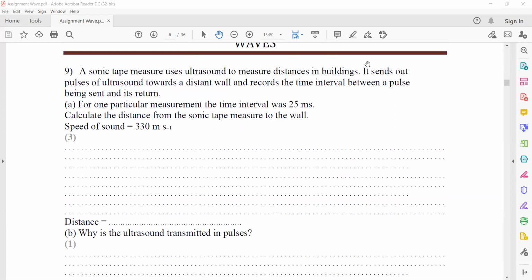In the question, a sonic tape measure uses ultrasound to measure a distance in a building. It will send out a pulse, the ultrasound travels towards the distant wall, and then it bounces back.